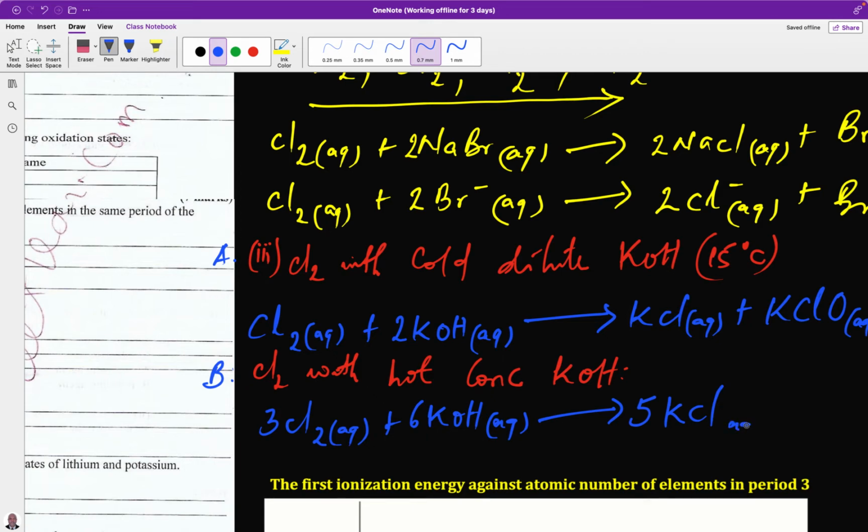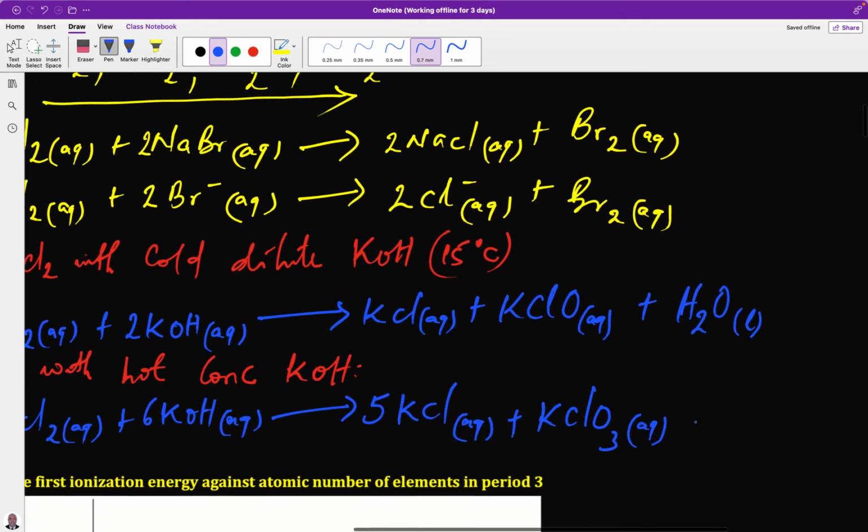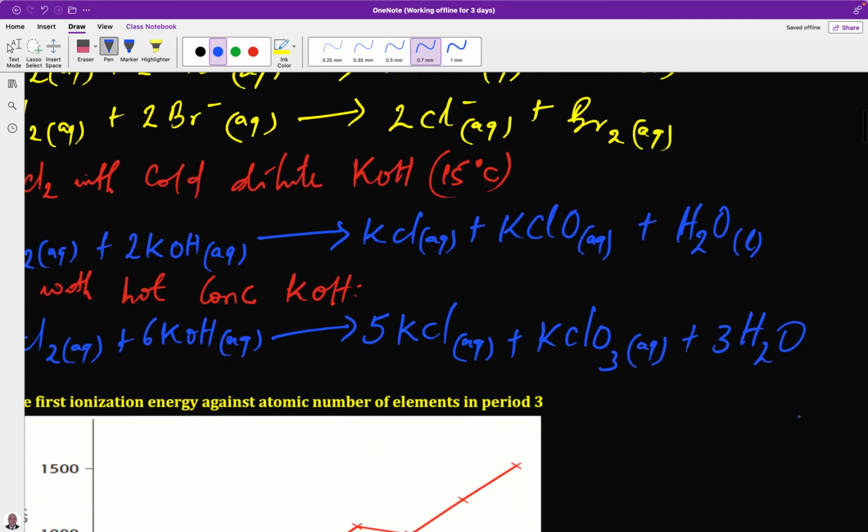This is equals 5, plus this will be 3 plus 3 molecules of water. So you see the change here.